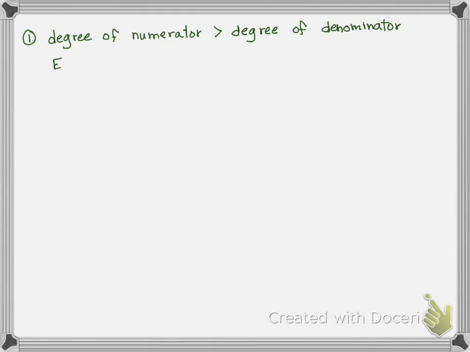So for example, let's say f of x equals x to the 4th plus 3x to the 3rd minus x plus 1 over x squared minus 6. So notice the degree of the numerator is 4 and the degree of the denominator is 2. So the degree of my numerator is definitely bigger.